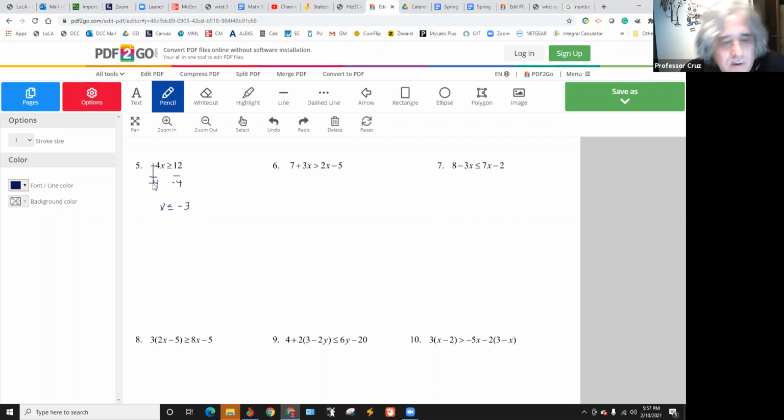Like I said, division is multiplication by the reciprocal. Then it turns that around. See, it's no longer greater than or equal to, it's less than or equal to. And it's now going in the other direction. That's a bracket there.